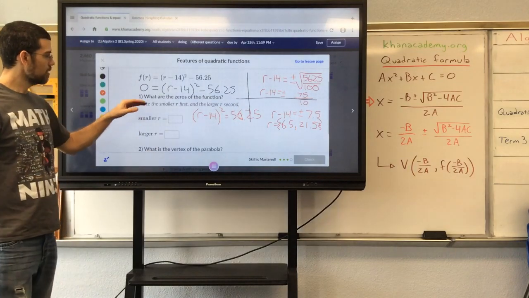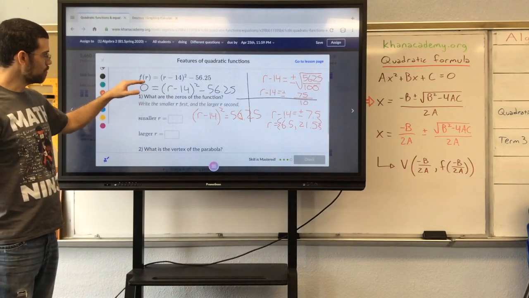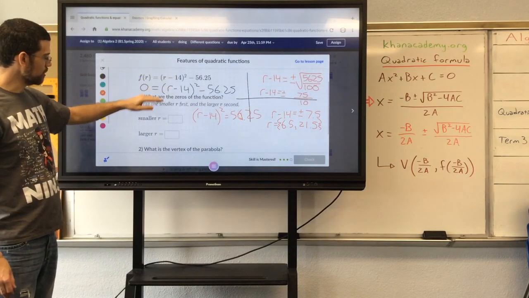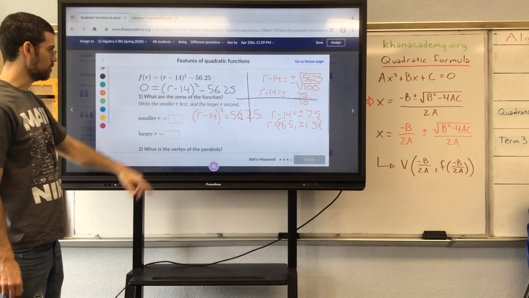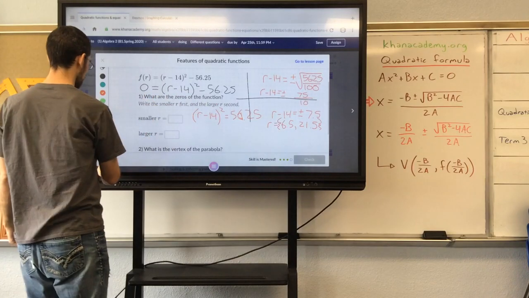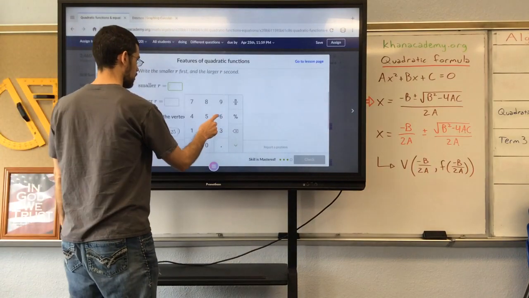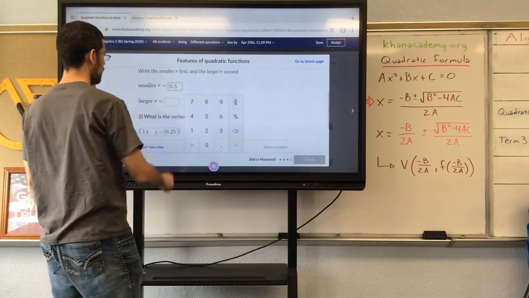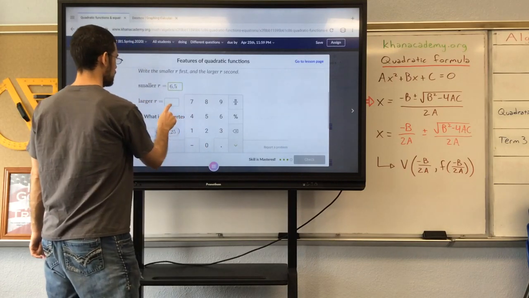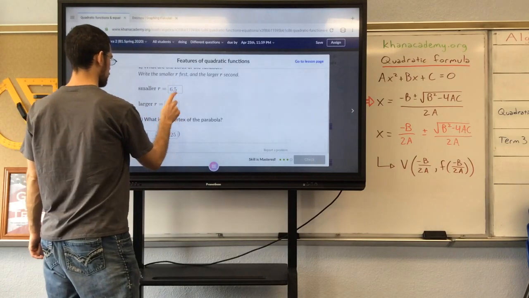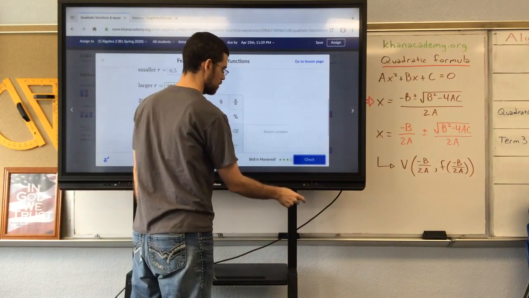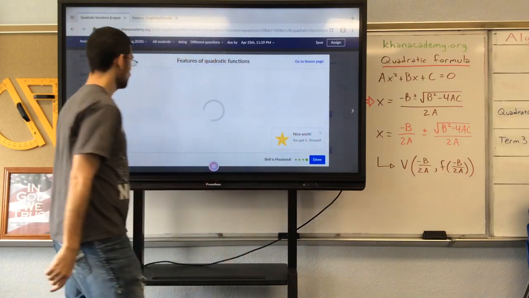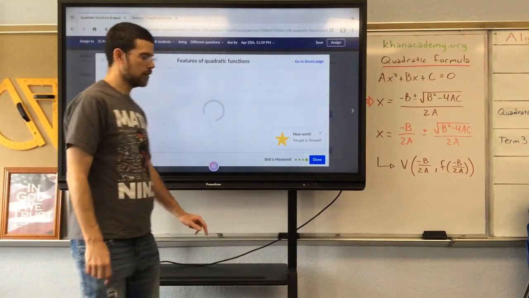So the values that make this equation equal 0 are r equals 6.5 or r equals 21.5. The smaller is 6.5. The larger is 21.5. And we're done.